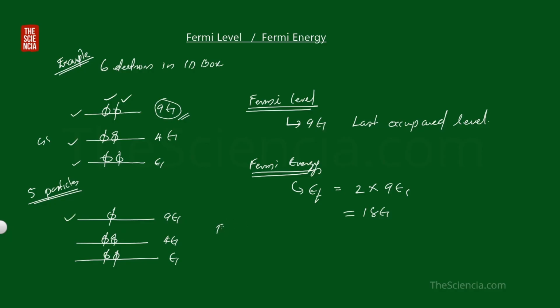The Fermi level is 9E1. And what is the Fermi energy? See, in the last level, only one particle is occupied. Okay, so 1 into 9E1, that is 9E1. I think now the idea is clear.